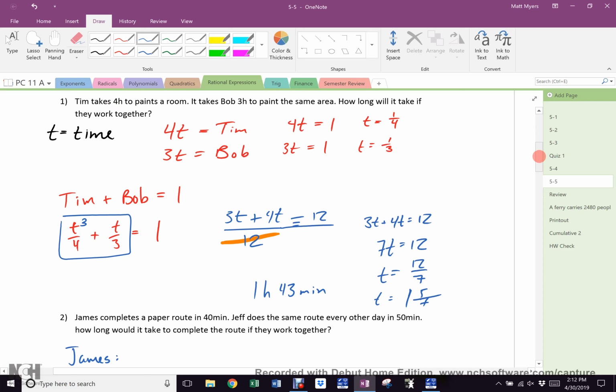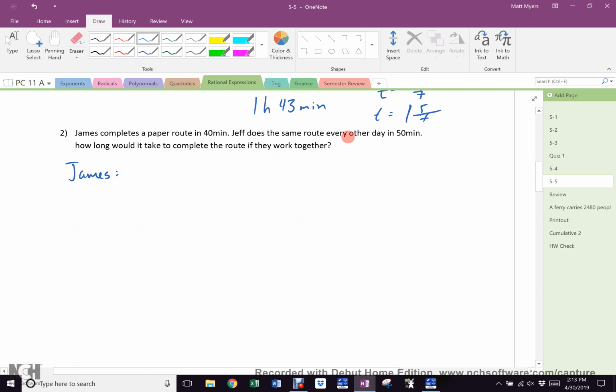How many paper routes are these 2 dudes doing? 1. What fraction is James doing? T over 40. What fraction is Jeff doing? T over 50.